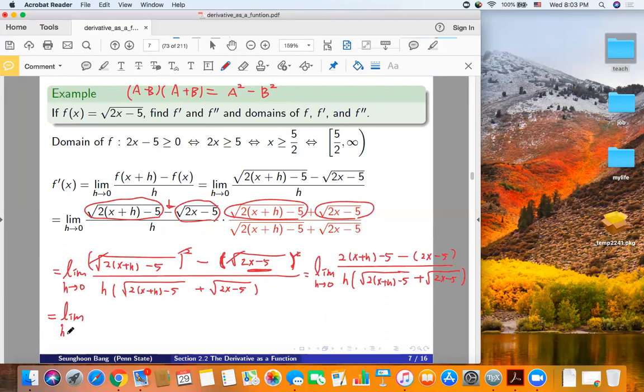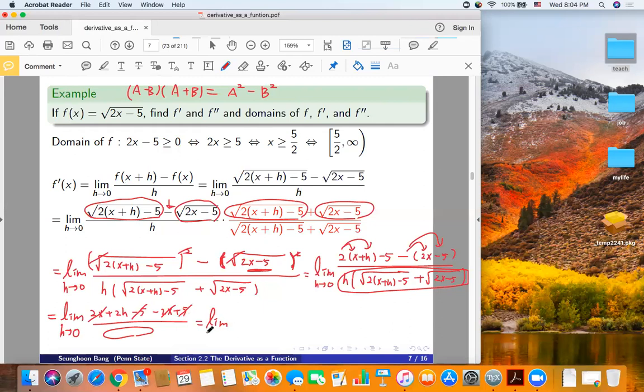Limit as h approaches 0. Distribute 2. So we have 2x plus 2h minus 5. Distribute negative 1: negative 2x plus 5, over, I don't write exactly, the same denominator in here. Same terms cancelled.